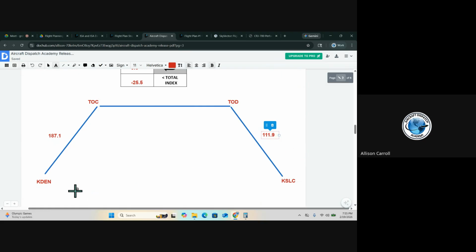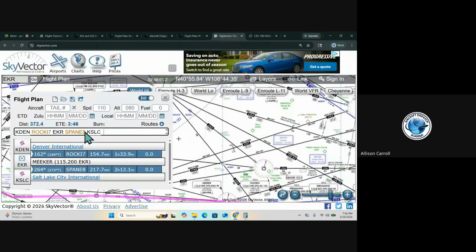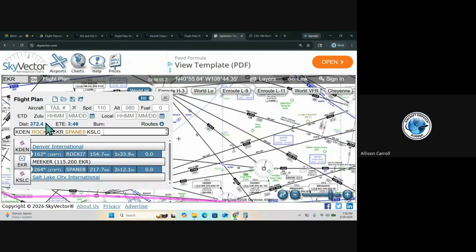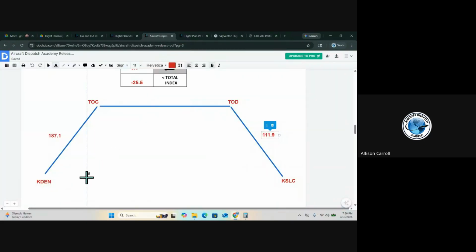Now that number 3, Denver to Salt Lake, the total distance, is 372.4. That is according to the route that we built for it. Remember that this is the actual distance that we're going to go with our SID and our STAR and our transition point in there.